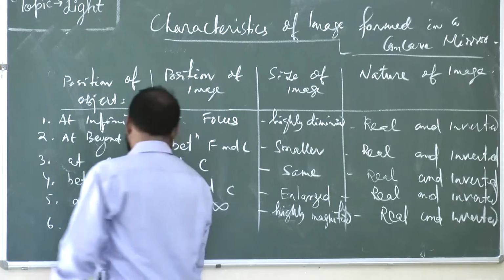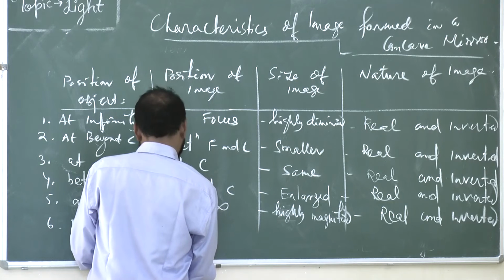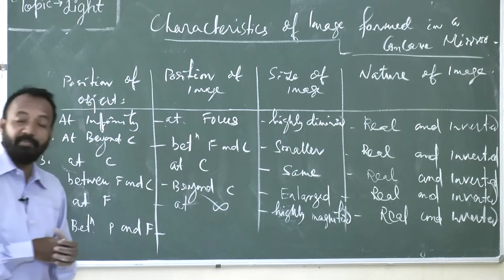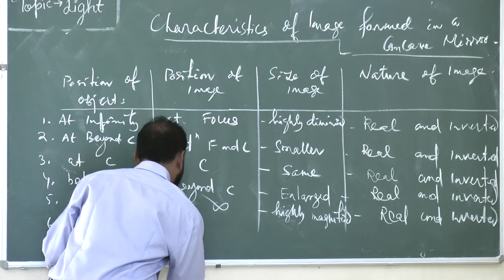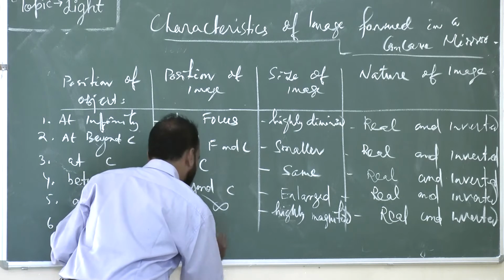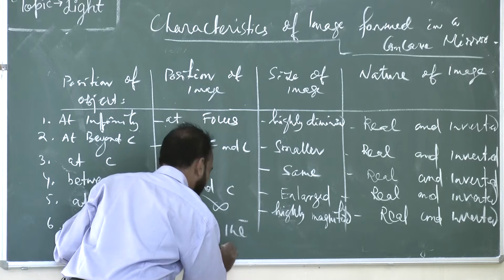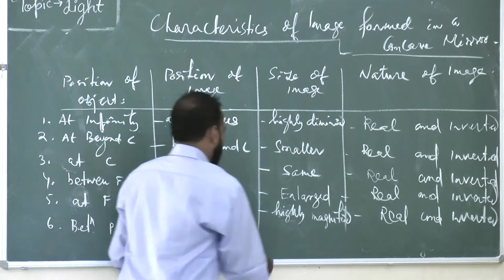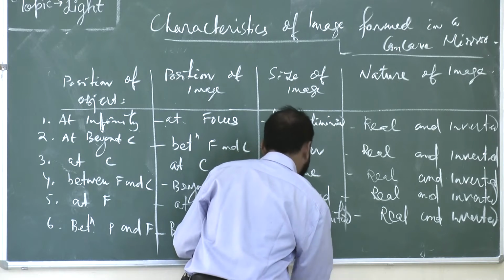Sure? Now for the object between P and F, the image is on the other side of the mirror, that is, behind the mirror. It will be magnified, enlarged.